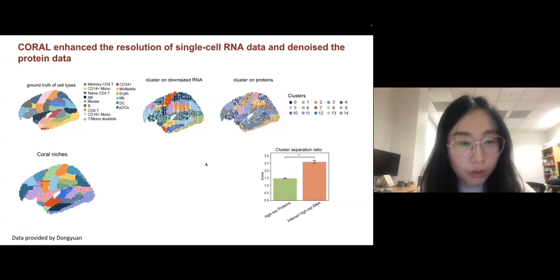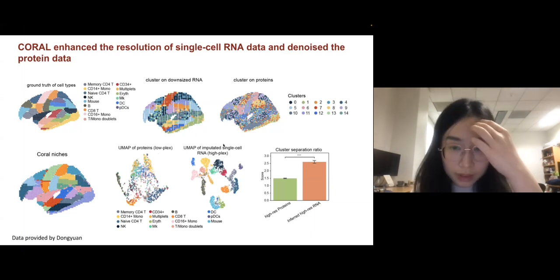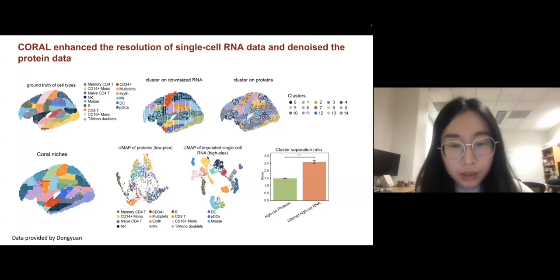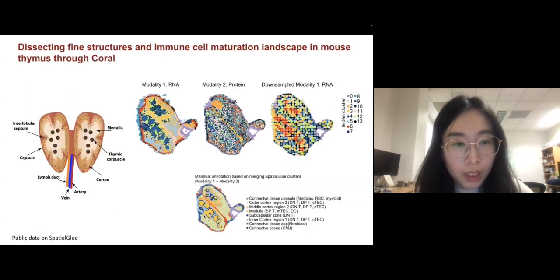With that integration, Coral is able to identify the niches, which are very similar to the ground truth of our data. The UMAP of the protein, which is low-plex, versus the imputed single cell RNA shows that the latter gives more separated clusters, as you can clearly see from how they performed.